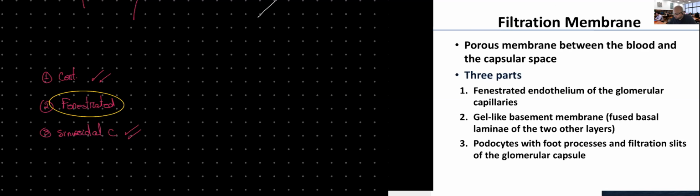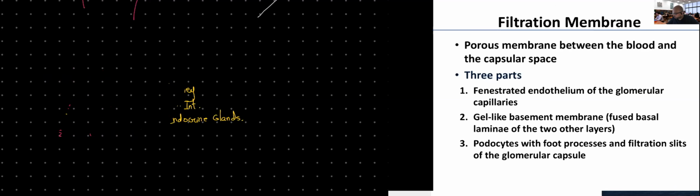And if you remember, fenestrated capillaries were located in the kidney, in small intestines, and in the endocrine glands. So again, what is the type of capillaries that we've got here in the kidney? Those are fenestrated capillaries.